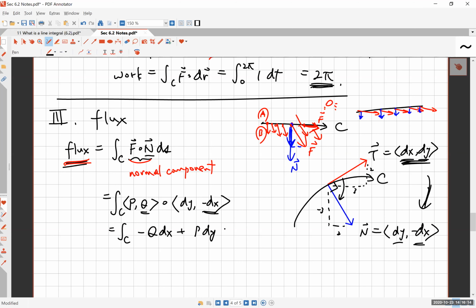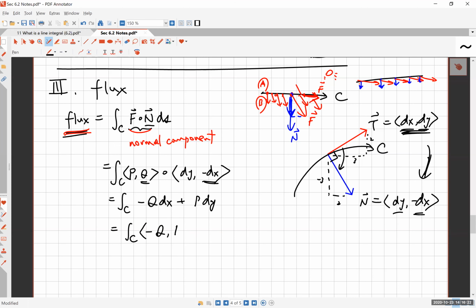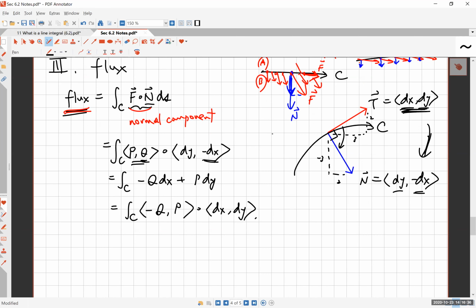Okay, so that is the flux integral. I know it's a little confusing, but another way of writing this is negative Q, P. So you switch the order and make the Q negative, dot it with dx, dy. Okay, so that is how you can evaluate the flux integral. Maybe I should give you one more explanation before we do an example.